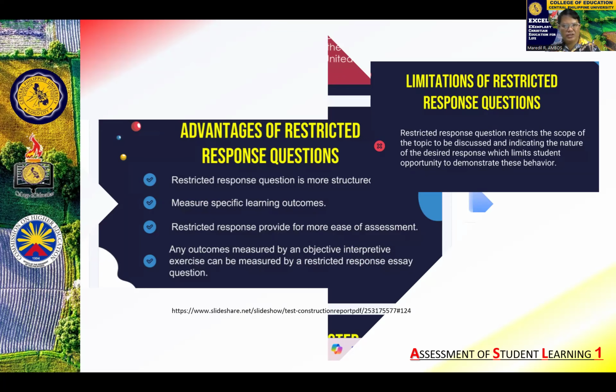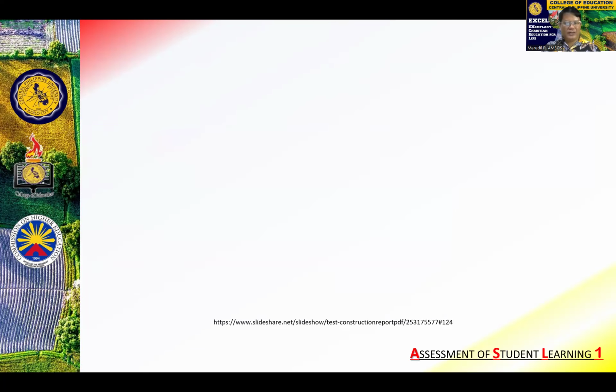However, for the limitation: restricted response questions restrict the scope of the topic to be discussed and indicate the nature of the desired response, which limits students' opportunity to demonstrate this behavior.